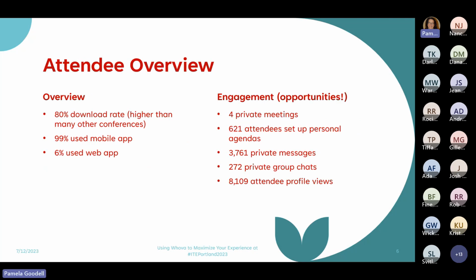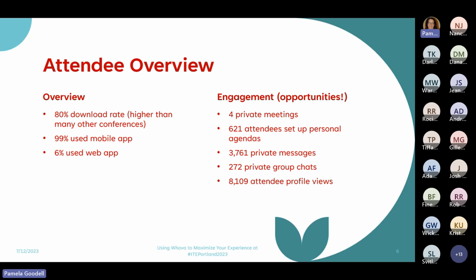So I said that I was going to go through some of the numbers from last year in terms of what we got. We get a report from Whova every year about who has done what with the app, how the engagement has gone. So we have an 80% download rate from last year, and that is actually higher than many other conferences.